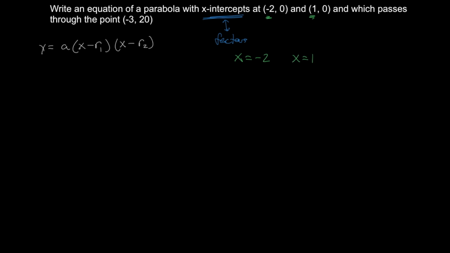Working the zero product property backwards means that we need these both set equal to 0, so x equals negative 2, add 2 on both sides: x plus 2 equals 0. And x equals 1, subtract 1: x minus 1 equals 0. So my two factors are going to be x plus 2 and x minus 1.